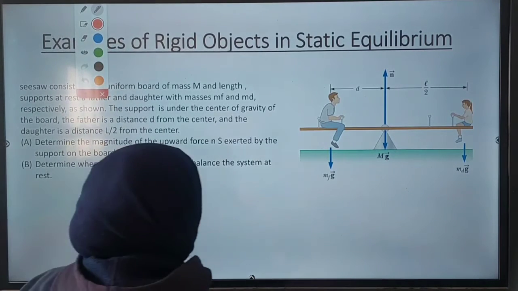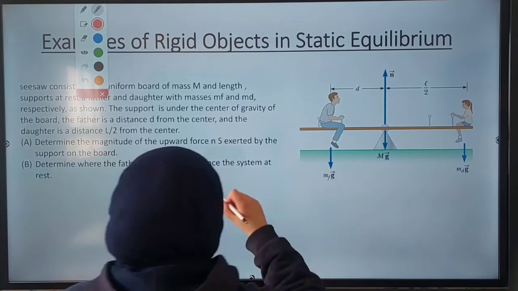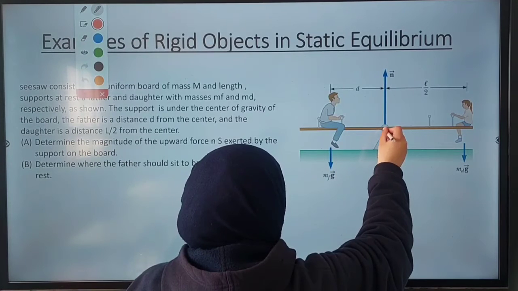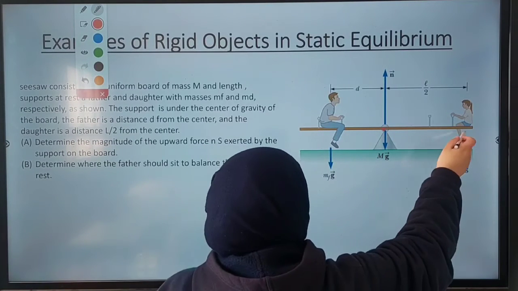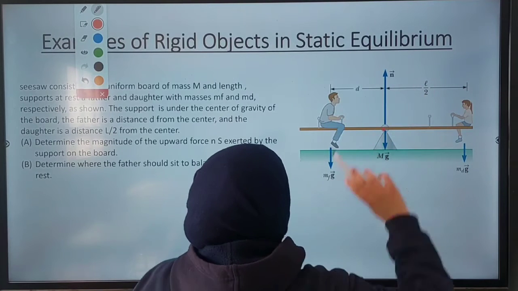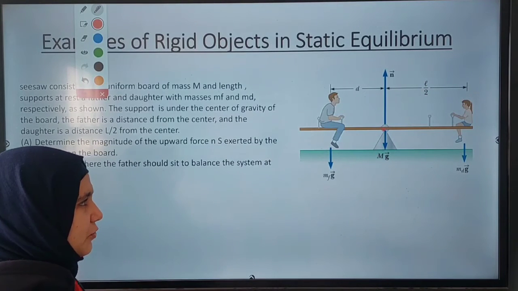So here, the father should sit to balance the system. To balance the system means that if the system is not balanced, there is a rotation, either this way or this way, according to the direction.